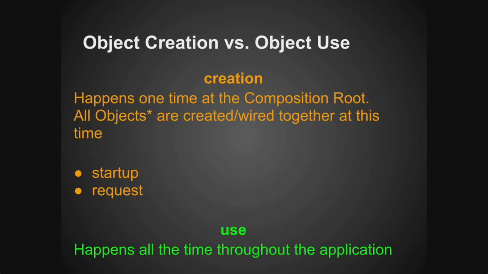So what we've got here is we really have broken our application into two distinct phases, if you will. One is at the very beginning, at a place called the composition root, if you want a fancy phrase for it. You create all the objects your application is going to need for its entire life.